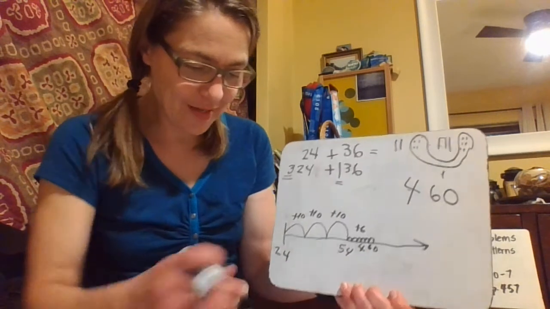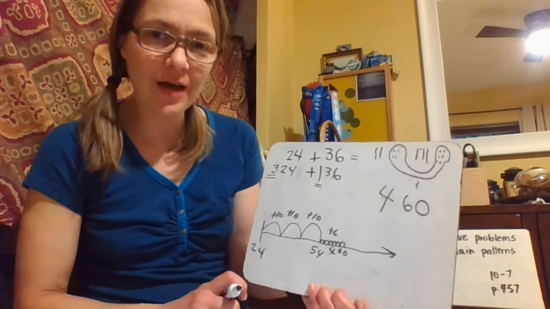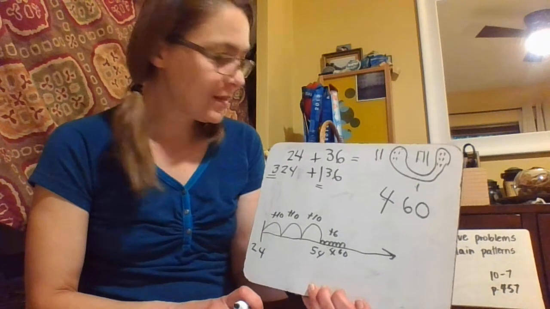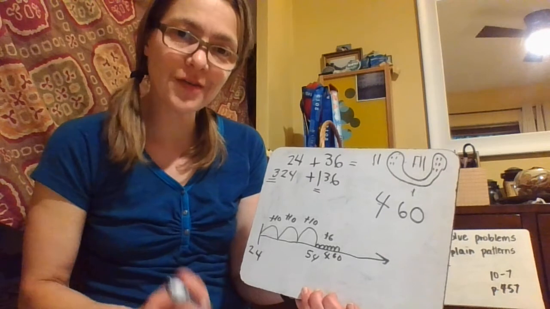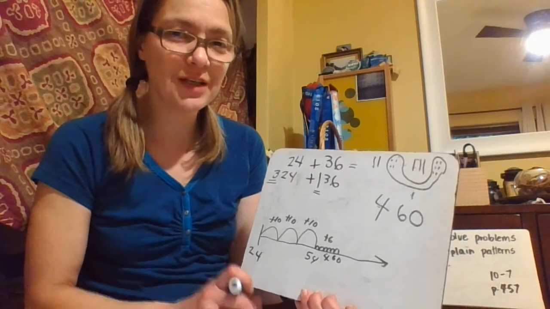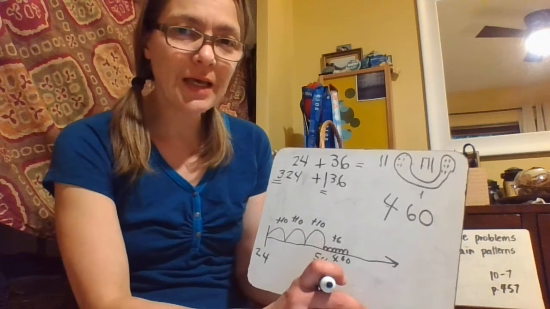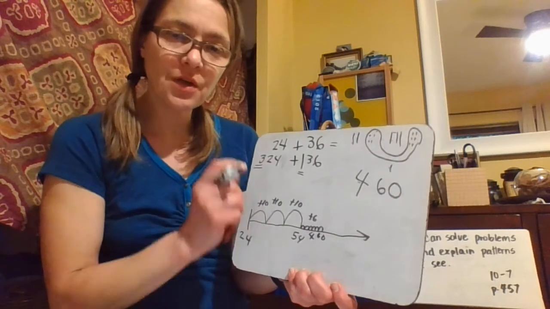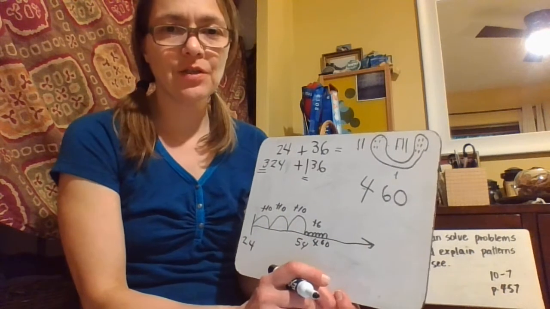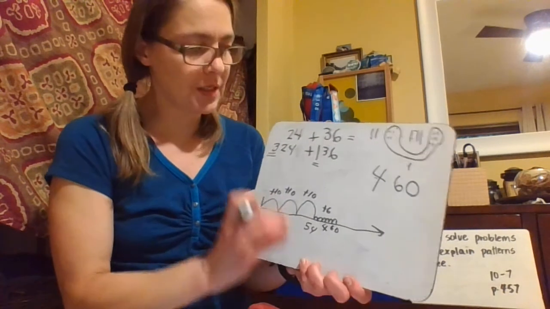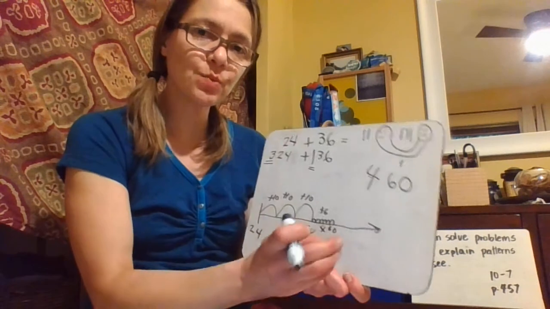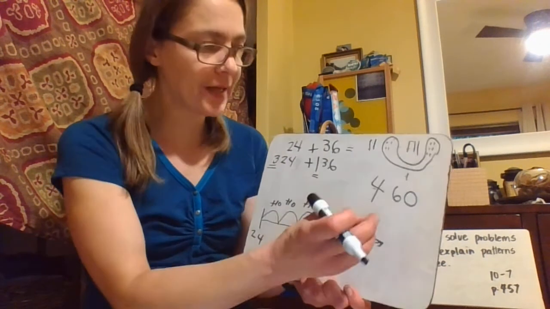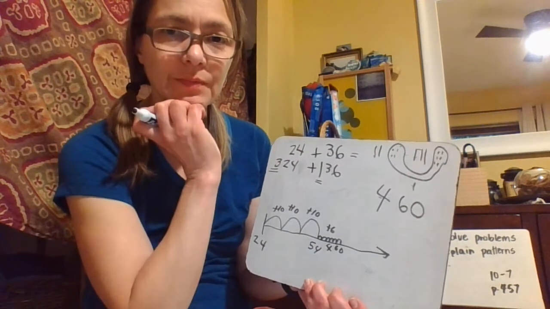All right, and so that's it for today. You do have a lot of explaining to do in 10.7. There's a lot of space for you to explain your thinking, so really think about it. And I recommend that if you can't explain it with the strategy that you used, go ahead and use another strategy to solve it. So if you can't explain it using the number line, go ahead and explain how it works using partial sums, by adding the tens and moving it over.